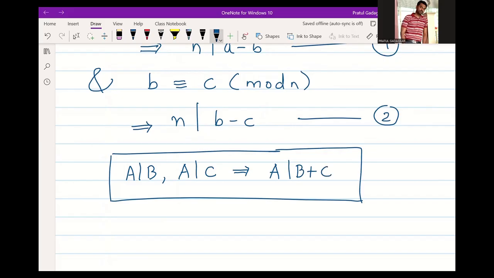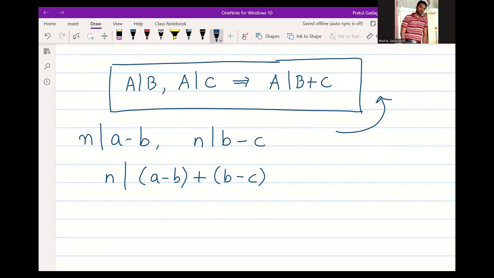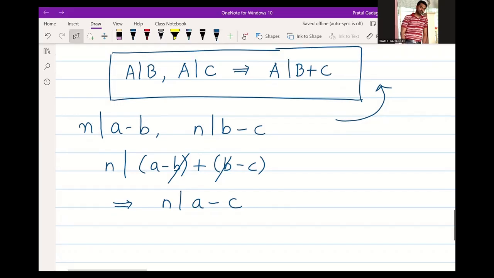So here I have n divides A minus B and I have n divides B minus C. So using this above property, I can say that n divides the addition of both of them, A minus B and B minus C. But in that addition, this B gets cancelled, and you have n divides A minus C.